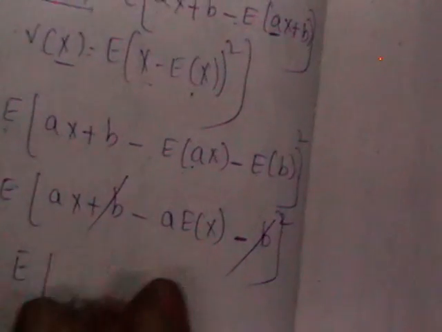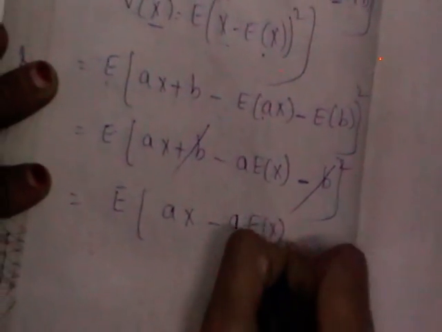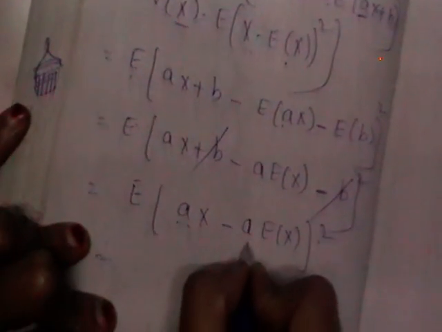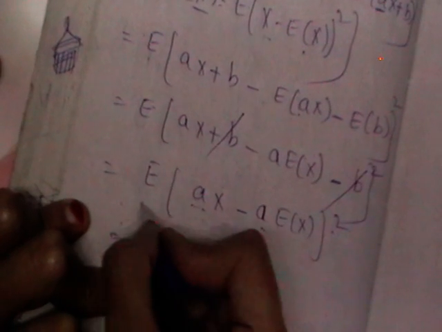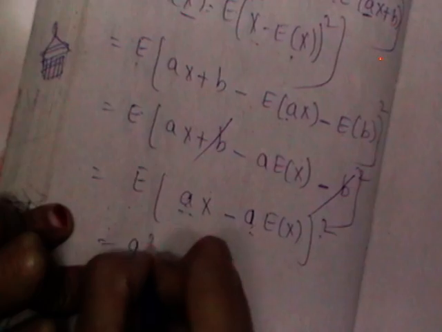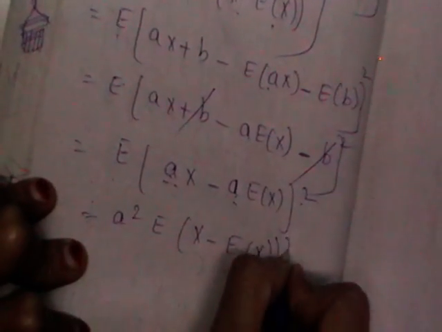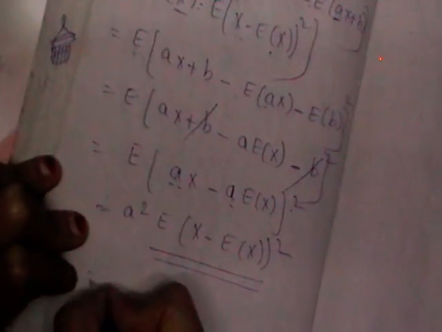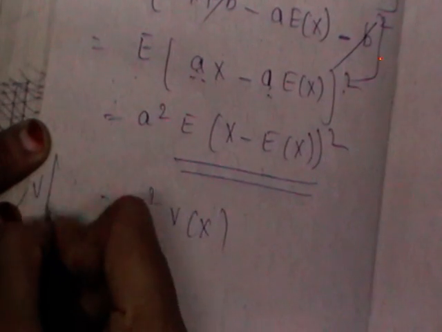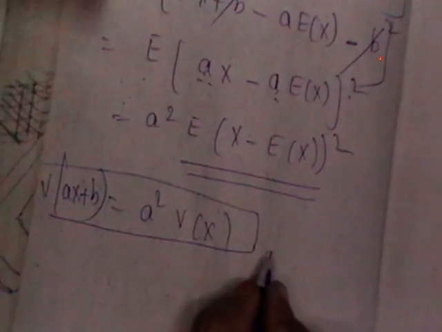So we have E[(ax − aE(x))²]. Again this constant can be taken out of the expectation, so you get a² times E[(x − E(x))²]. This is nothing but the formula for variance of x. So we got variance of (ax + b) equal to a² variance of x.